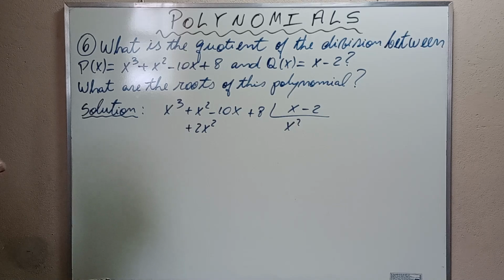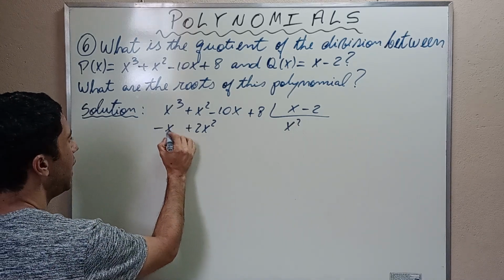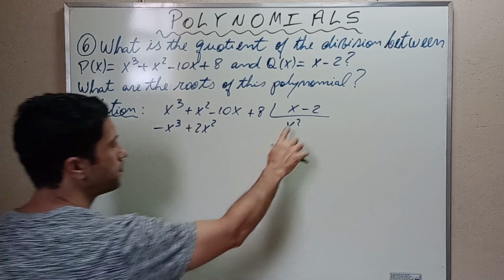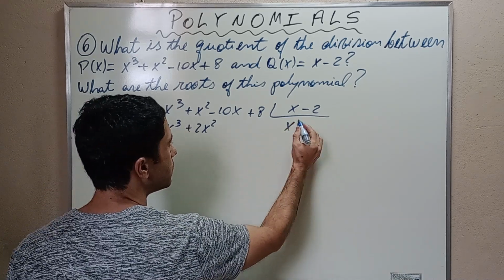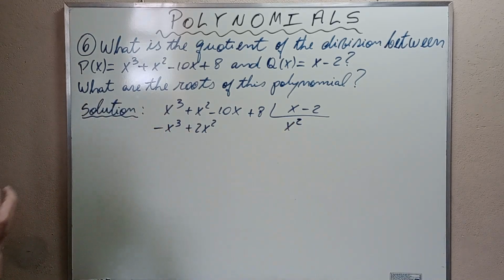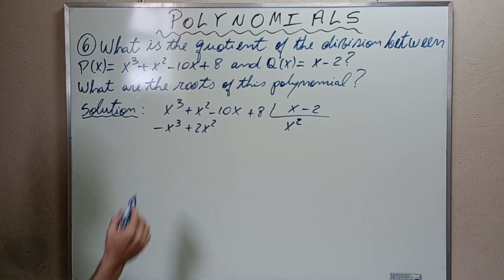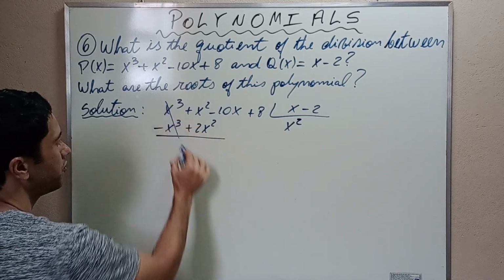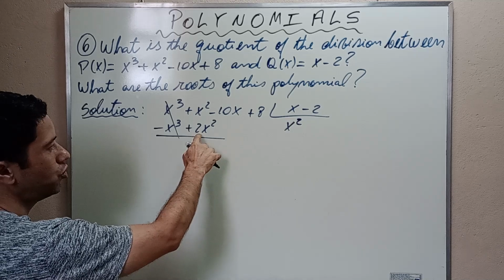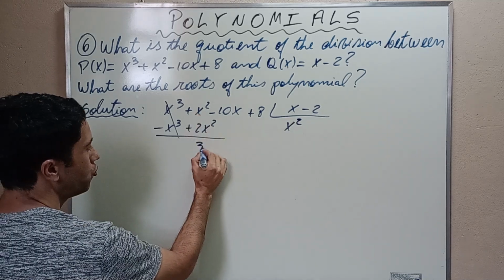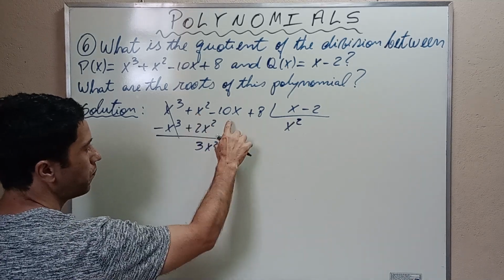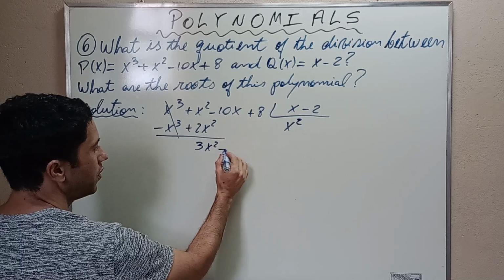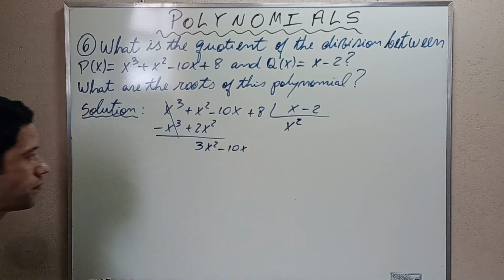Pass to the other side, negative x cubed, okay? We just sum them. These terms cancel each other out. 2 plus 1 is 3x squared. Write this 10x.